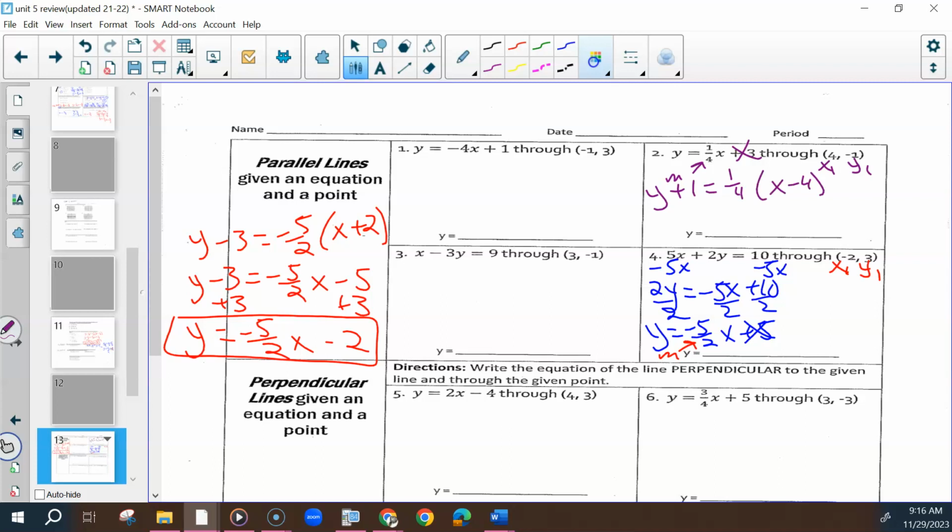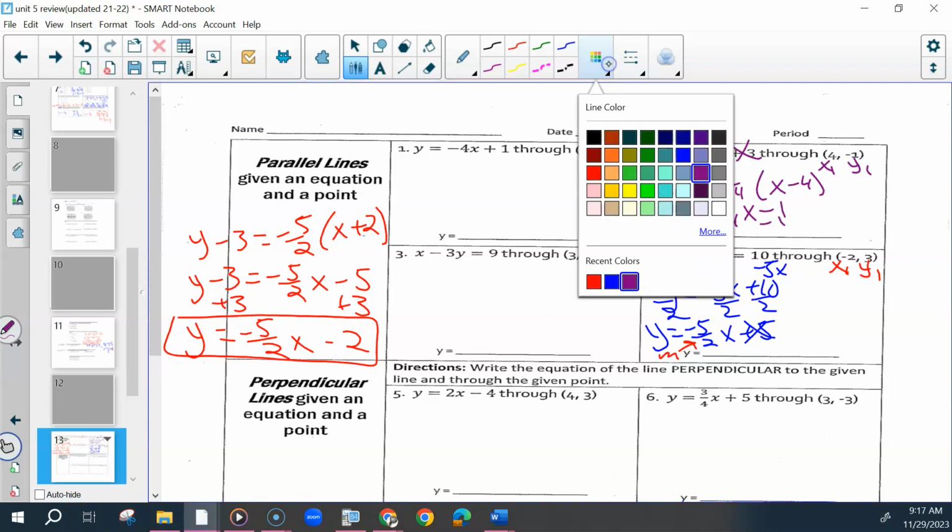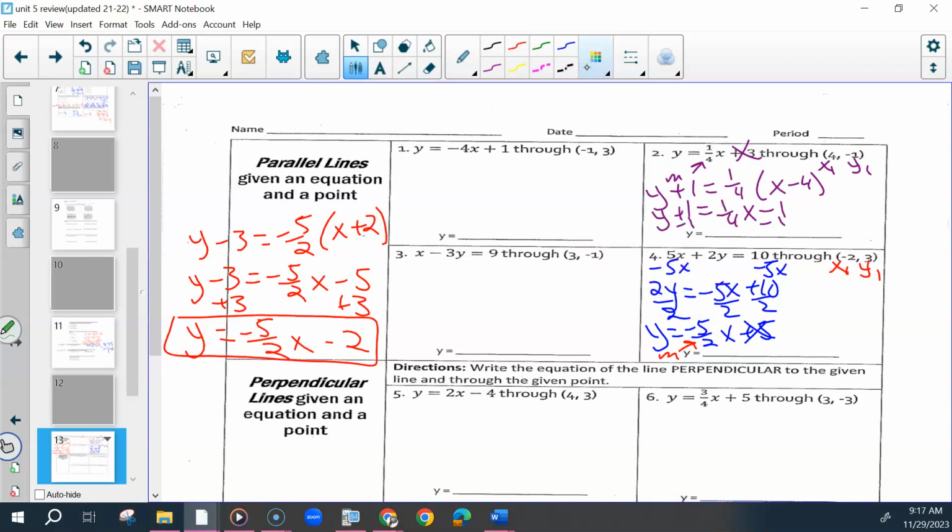Distribute and solve. So that our final equation would be y equals 1/4 x minus 2.